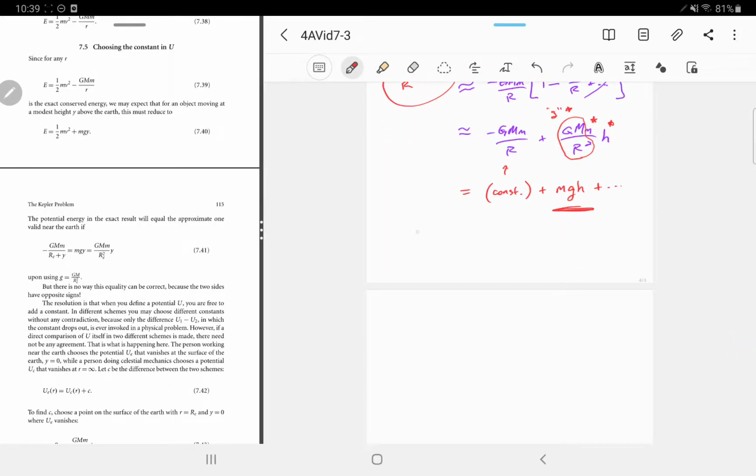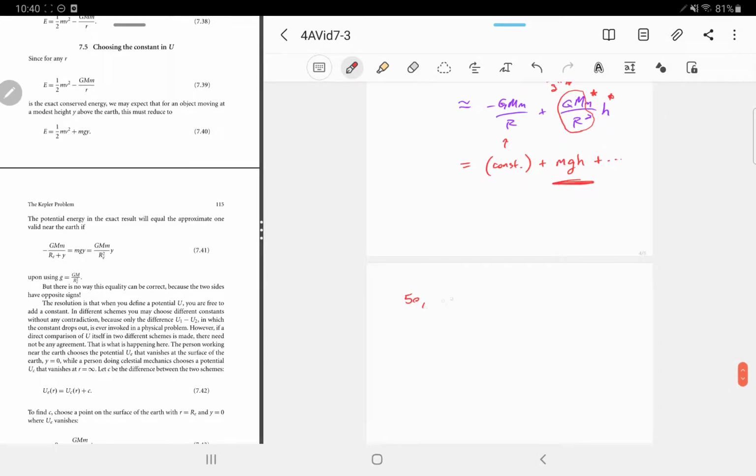So the conclusion here is that, with a different constant, we can choose our potential energy function to be mgh.